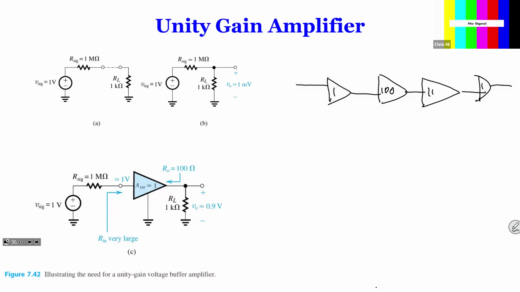Both. So this is very typical. Your input coming in, you have unity gain at the input side, unity gain at the output side, and a lot of gain in the middle. Like 100 times 100 gives you 10,000 gain, very big.